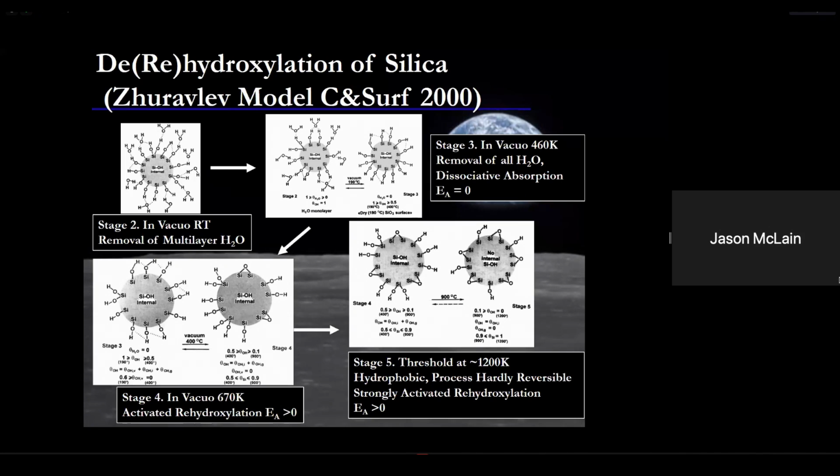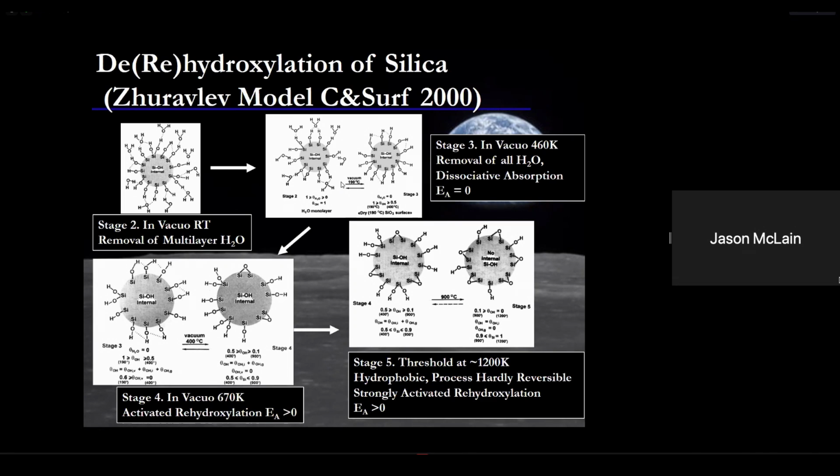dehydroxylation model. And so in stage one, when you have a silica or silicate in vacuum, you just remove the multi-layers of water, and that's done at room temperature. And then as you start increasing the temperature, you really start to remove all of those water molecules.